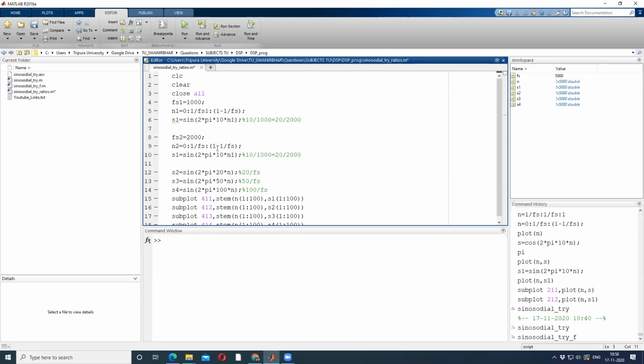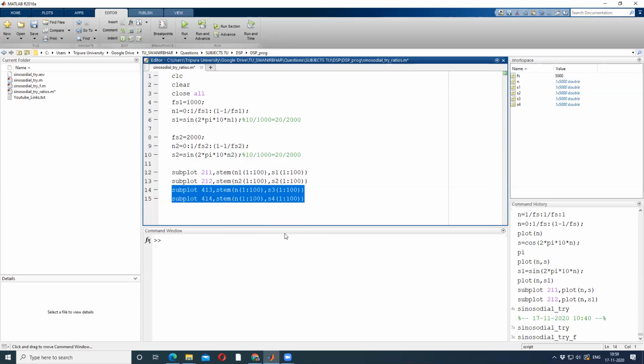Obviously if this is fs1, then this will be fs2. So what we have done here, fs1 equal to 1000, fs2 equal to 2000, n1 equal to 0, 1 by fs1 to 1 minus 1 by fs1, n2 is equal to 0, 1 by fs2, 1 minus 1 by fs2, s2 equal to same thing with n2. So to show these ratios, we need subplot 211 and 212, s1, s2, n1, n2.